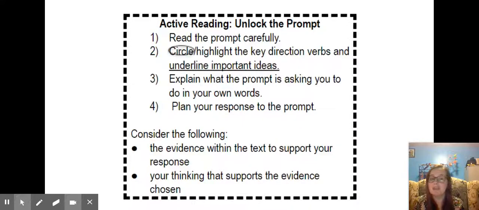That could be details about characters, about places, or about events from the story. Also, you need to consider your thinking that supports the evidence you choose. So you're not going to include everything from the story, then you'd just be rewriting the story. But we do want to make sure that we are including details.